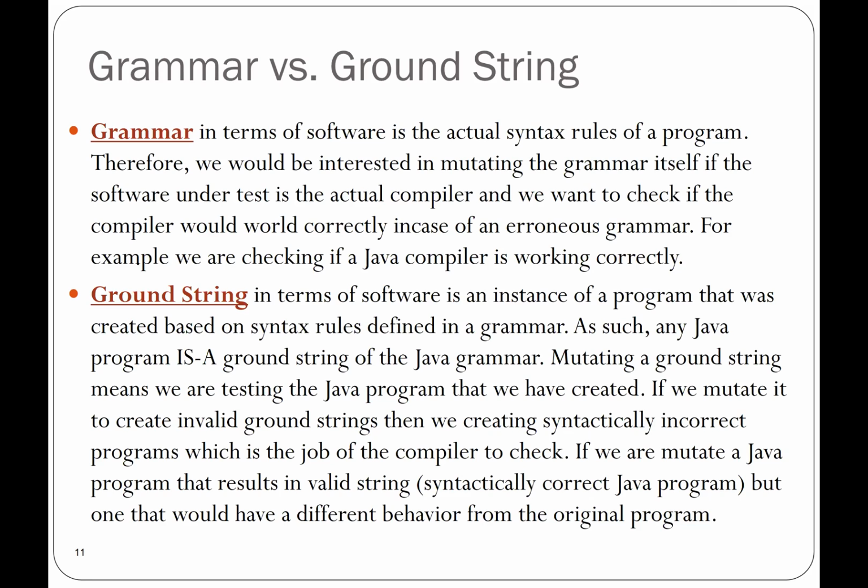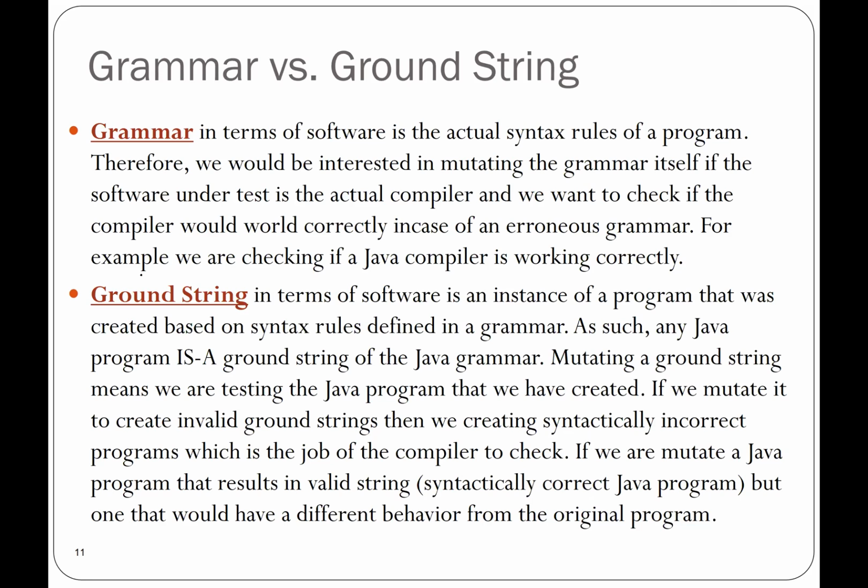Now, when it comes to the world of software, the ground string is the actual program. It's what you actually see in front of you on the screen when you write a Java program. That's the ground string, okay? Every single Java program that has been written is an instance and an example of the Java grammar, which we have one and one time only, okay?